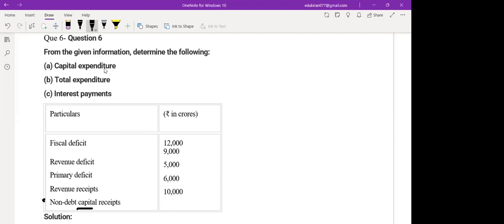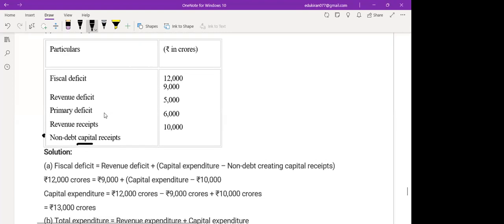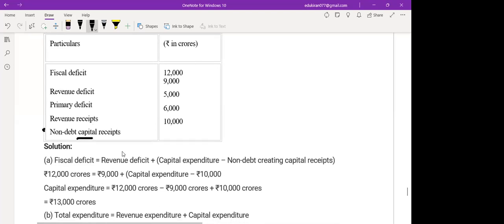Now the question is you have to find capital expenditure and total expenditure. So first of all, to find fiscal deficit, who will tell me what is the formula for fiscal deficit?